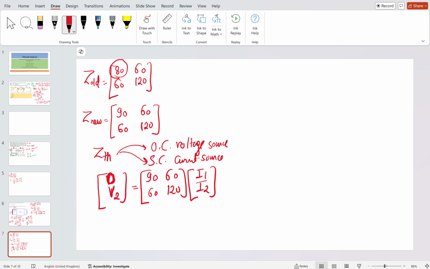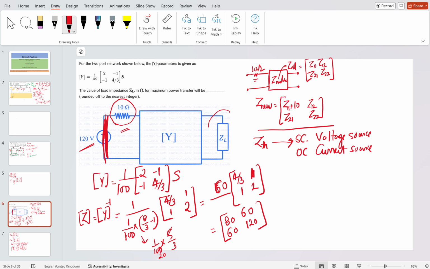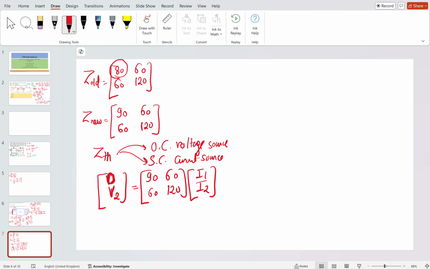Also there is one more thing: if you see, there is a load here. So the voltage which you applied here, V2, will simply be equal to I2 ZL. Getting my point?